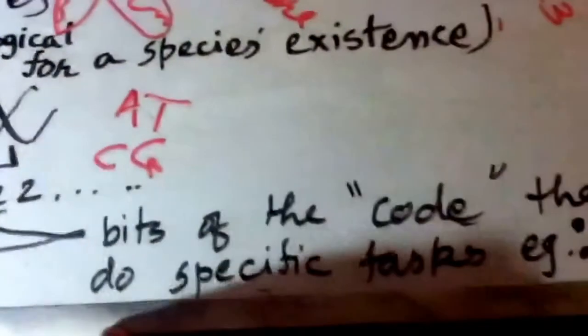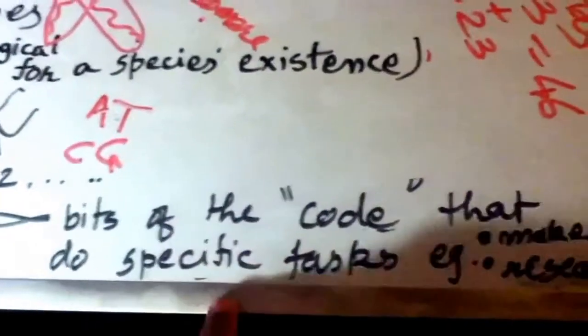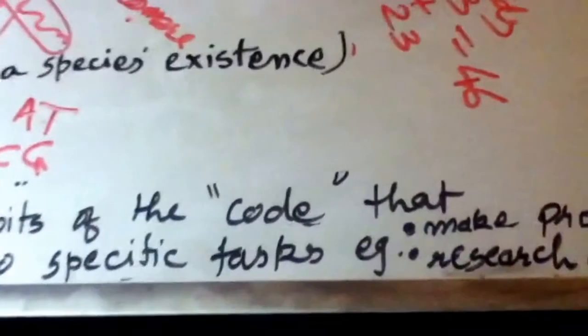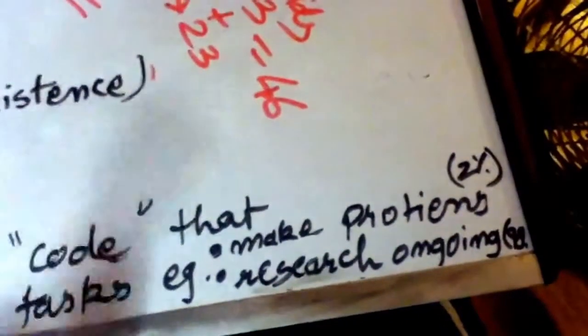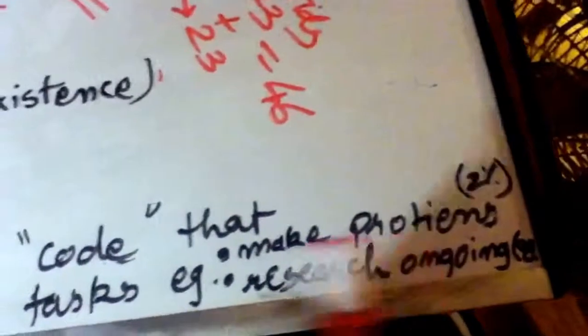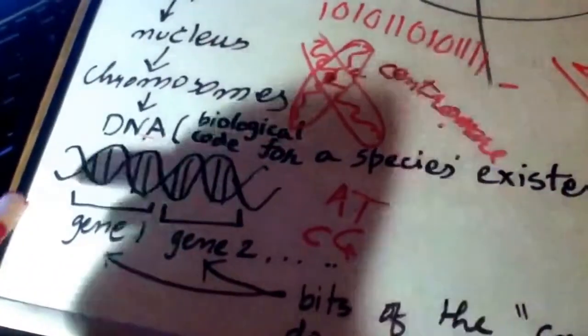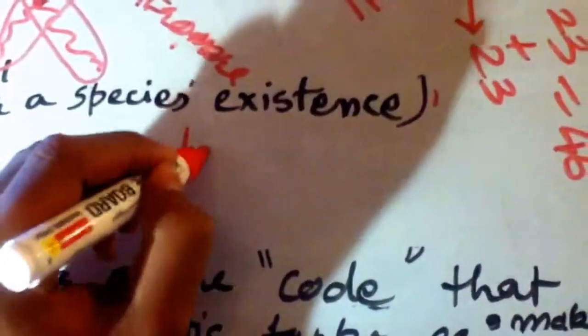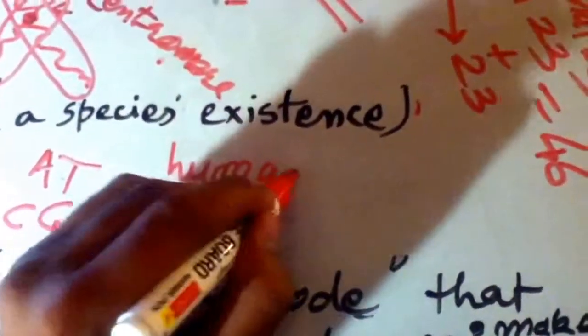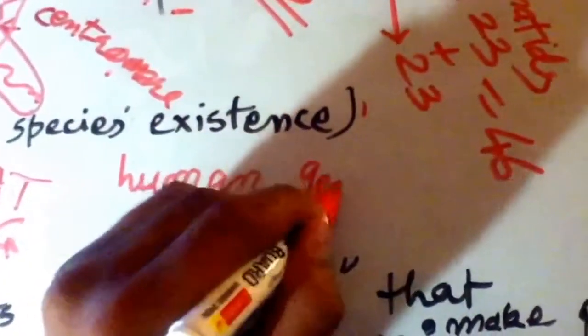And these simply are just bits of the code, which is the long code, that do specific tasks. For example, make proteins. You might also have heard this as the Human Genome Project.